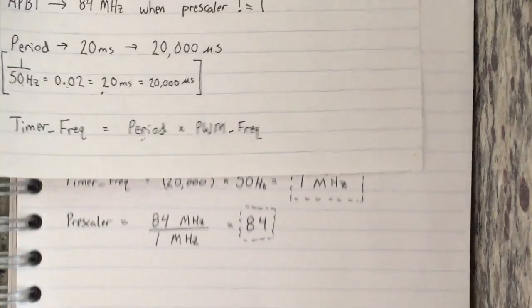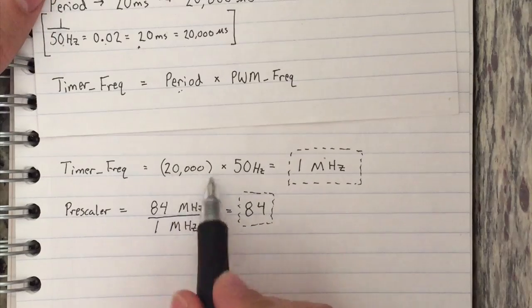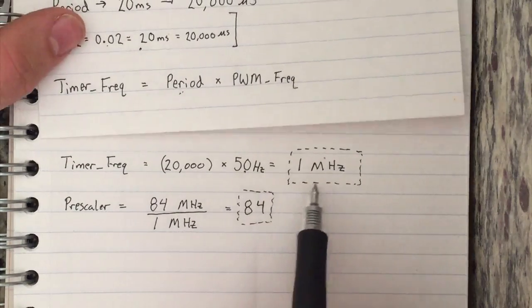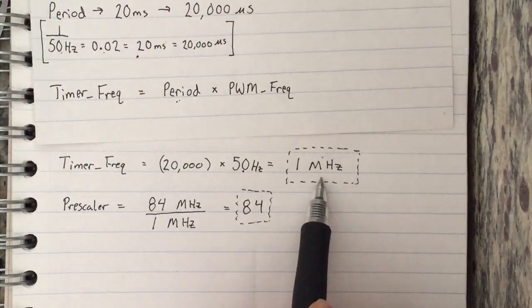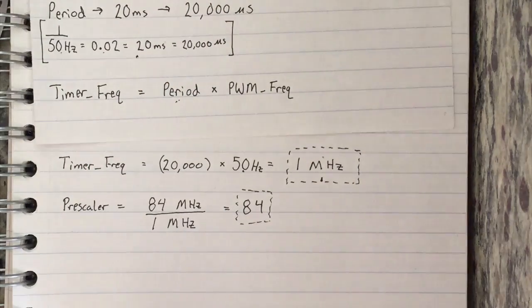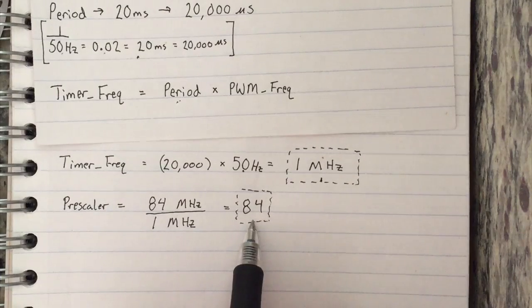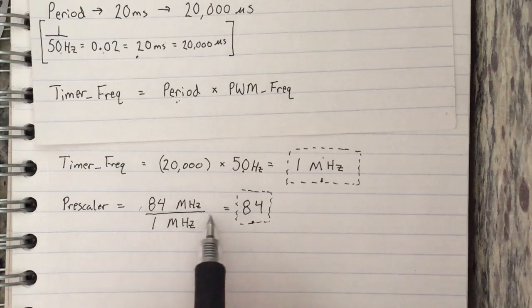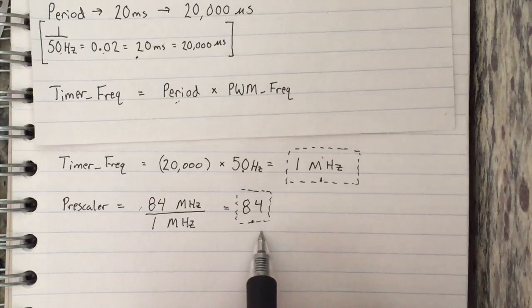In this case, our timer frequency is equivalent to 20,000, which is the microseconds, times 50 hertz. So our timer frequency needs to be 1 megahertz. In order to get a 1 megahertz signal from the 84 megahertz timer clock, we need to prescale that by 84. So we essentially take the APB1 clock, divide that by the timer frequency that we need, and that gives us our prescaler value.